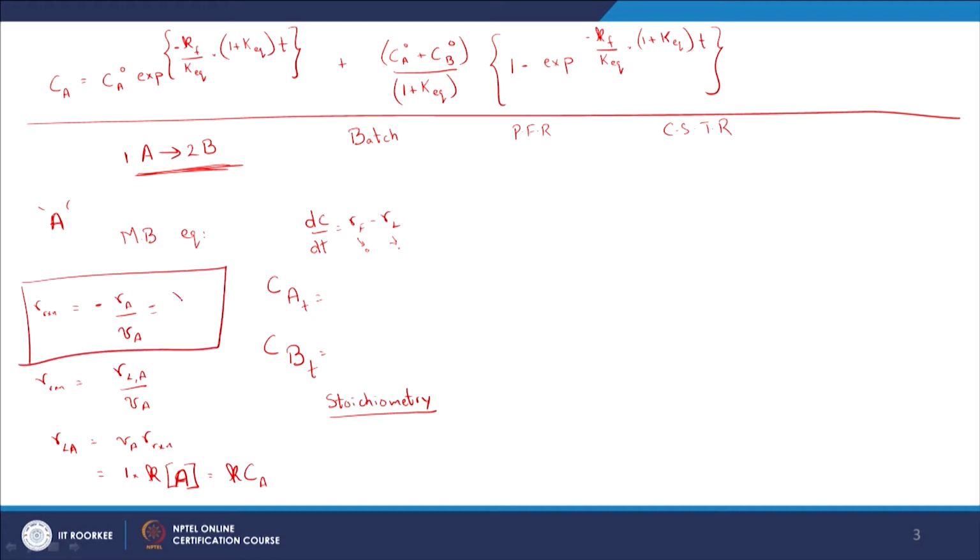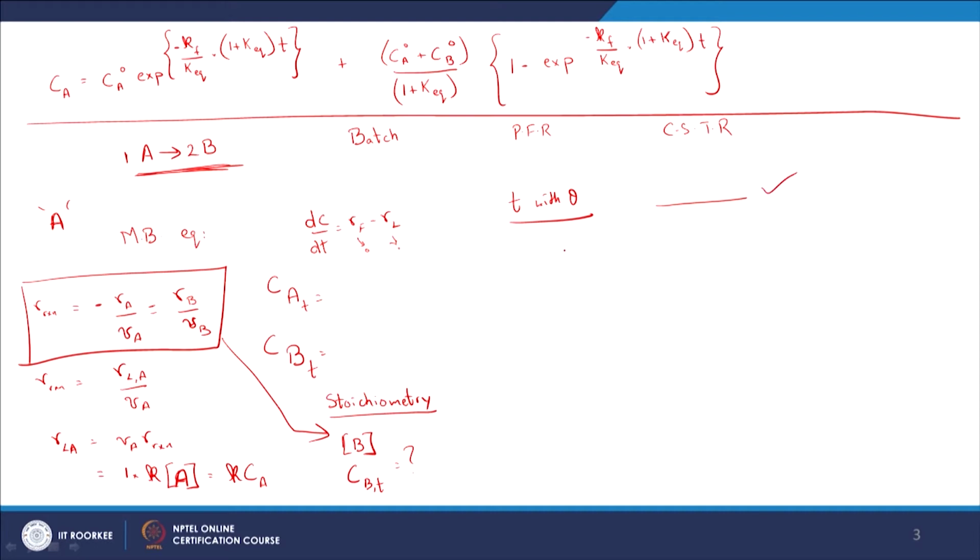Would be equal to rate of formation of B by the stoichiometric coefficient of B, and using the variation here, we end up with a new equation from which we were able to calculate the concentration of compound B, right, as it changed with time. That's what we did. And with plug flow, it's just replacing t with theta, and that's what we did here. And CSTR, we had another equation that we derived, right, and we went ahead and did that.